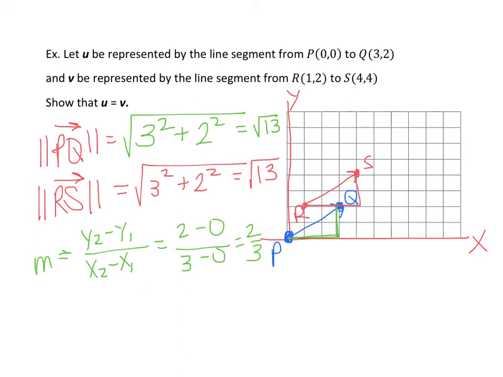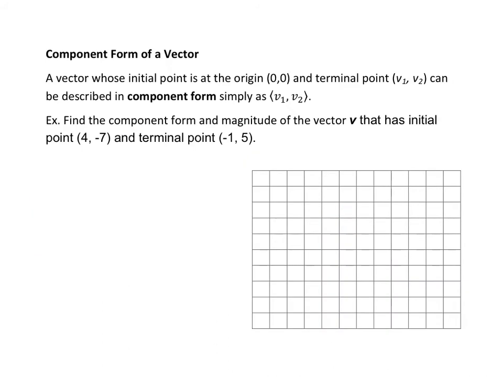For RS, this would be 4 minus 2 over 4 minus 1, which is 2 over 3. Exact same thing. So we have shown that U is equal to V. The component form of a vector is essentially its slope.